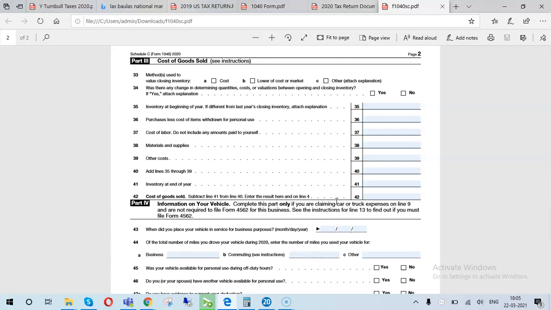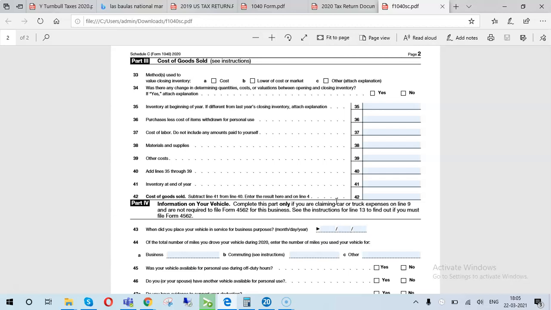Guys, we know that basically here we report all the expenses which are directly related to the product or article. So here I am going to give you an example.